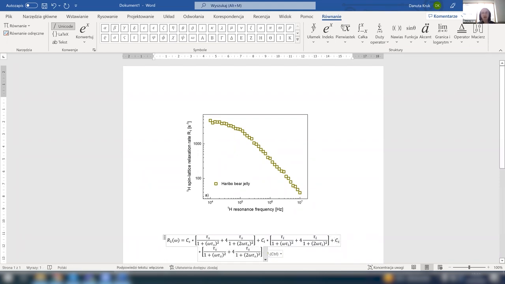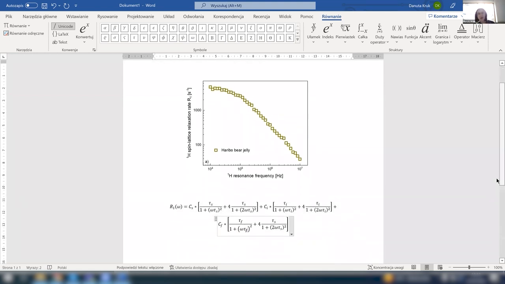So I will call it fast. And just in case there are some impurities in the sample, or I still can catch at high magnetic fields, high frequencies, a contribution from bulk water, I will add a frequency independent term, which I can always put to 0 if I like.